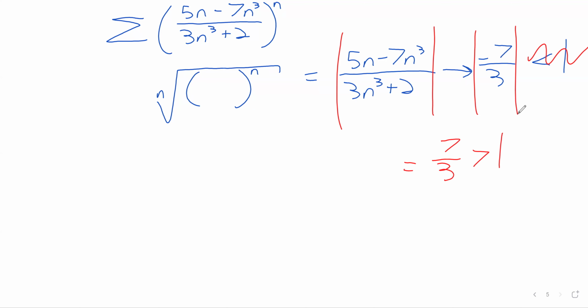And let's do another example. Just something a little messier. So this n to the n, that's screaming out for the root test. So 1 plus 2n there.